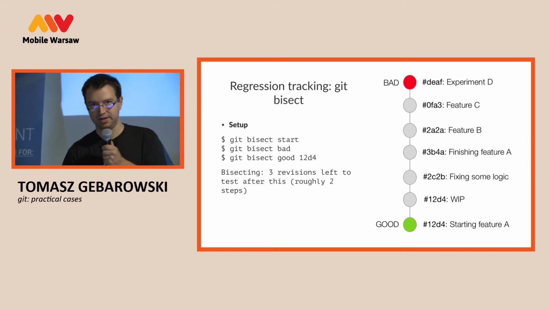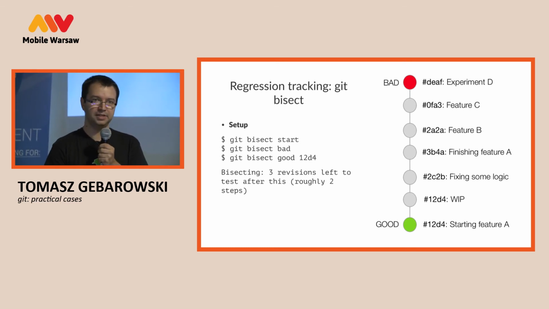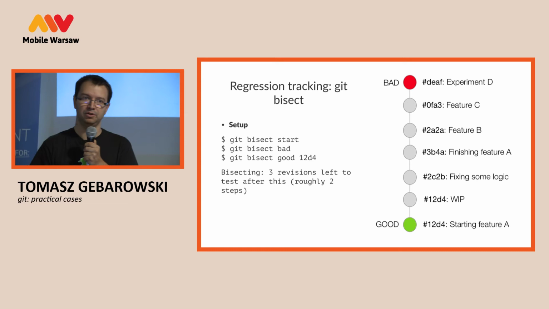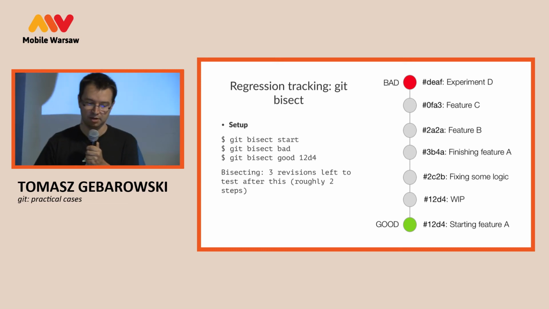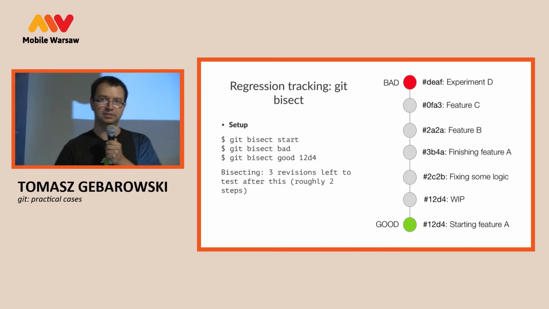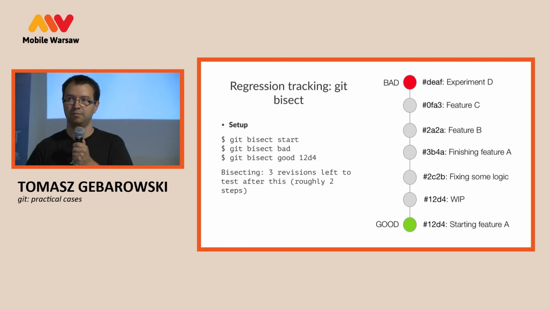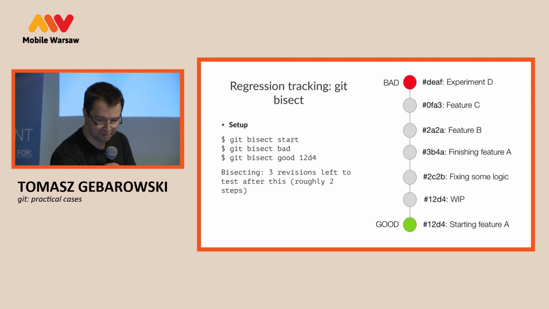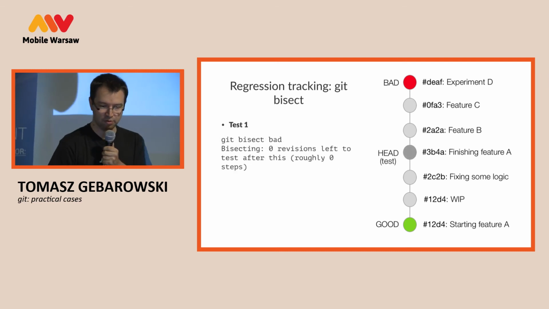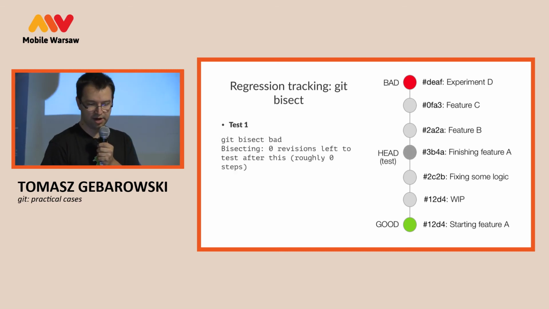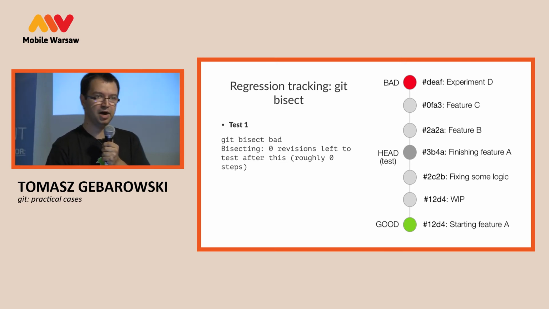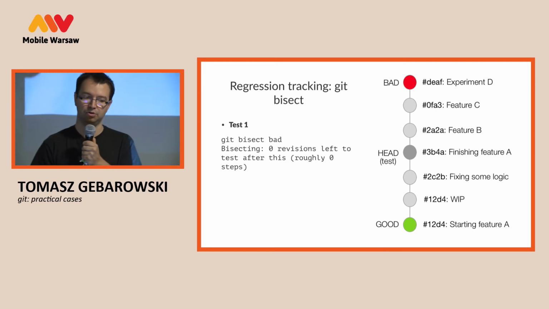And then we have to use Git bisect good to indicate the commit which contains the good version where the condition simply passes. After that, Git estimates more or less the number of checks that we have to perform. The checks can be performed either manually or in some kind of scripted way. And on every check, we simply mark the commit as bad or good.